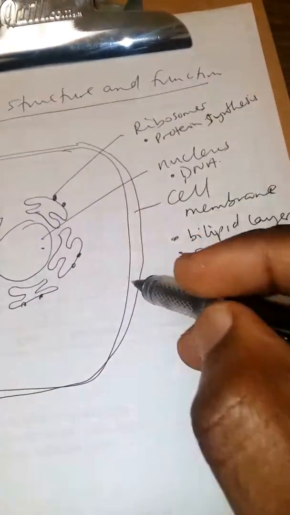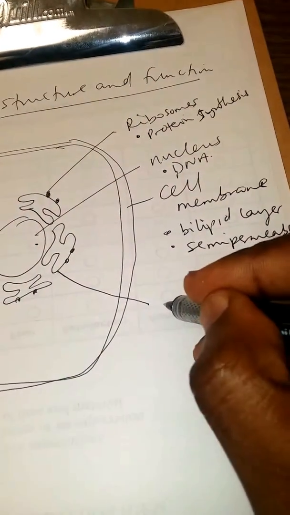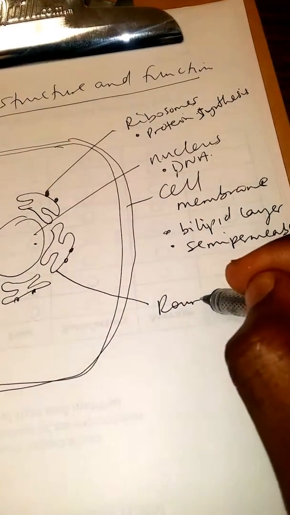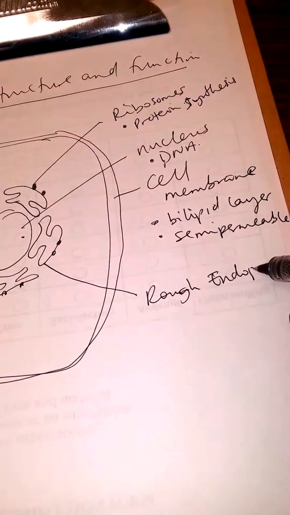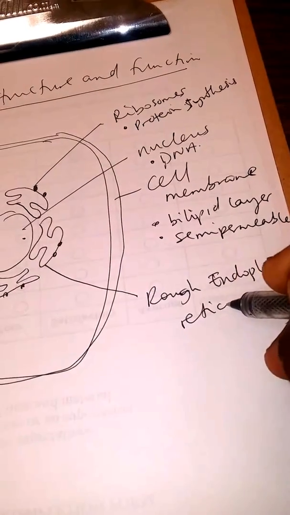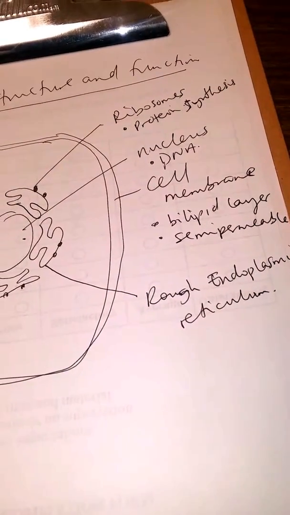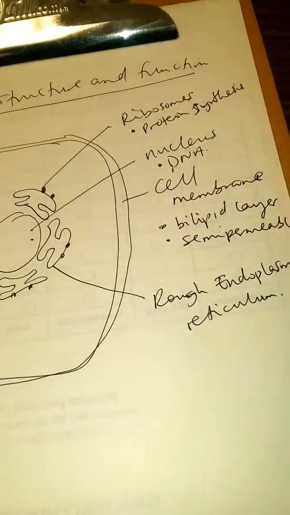And the structures on which they are located are known as the rough endoplasmic reticulum. Rough because of the presence of the ribosomes on the surface.